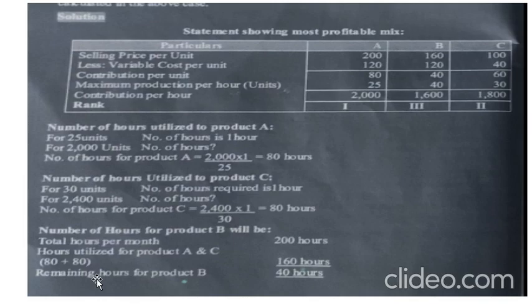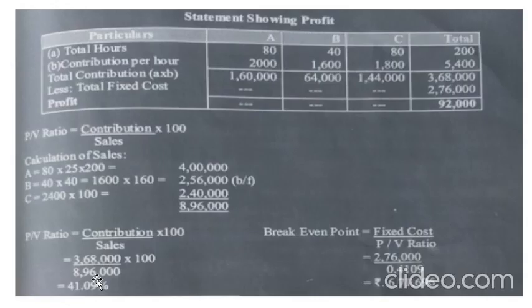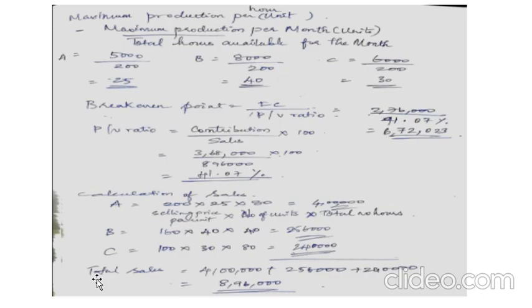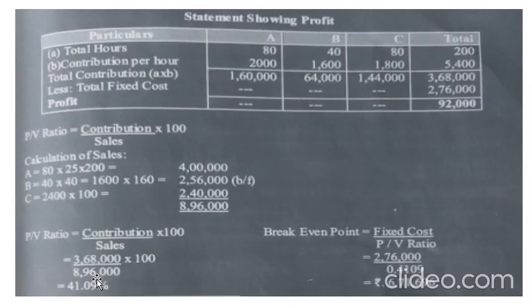After we find this, we will get into the calculation of the statement showing profit. We calculated the statement showing most profitable mix where we have ranked. Now we will minus the fixed cost and find out the profit we have got. We are going to find out this profit because, as per the question, they have also asked us to find out the break-even point.